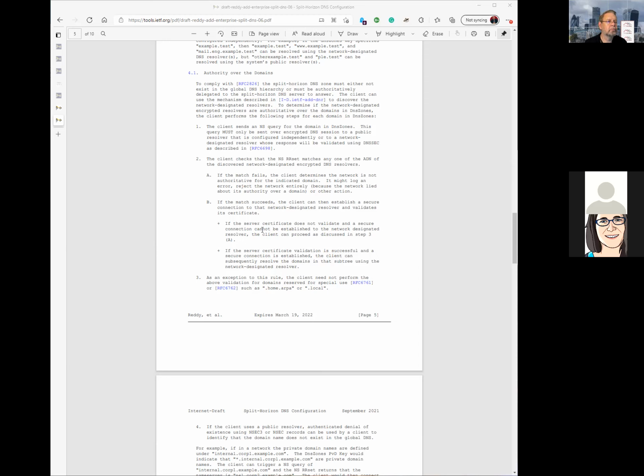So that helped us get over the security problem, which was stopping us from taking this draft forward.